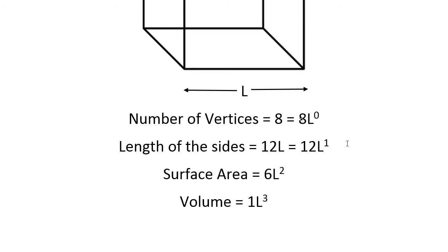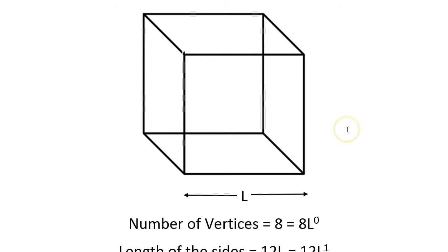Well, the number of vertices is equal to 8. And it doesn't matter what the length of the cube is, every cube will have 8 vertices. So it's an example of a zero order relationship. The number of vertices is equal to 8L to the 0 power.